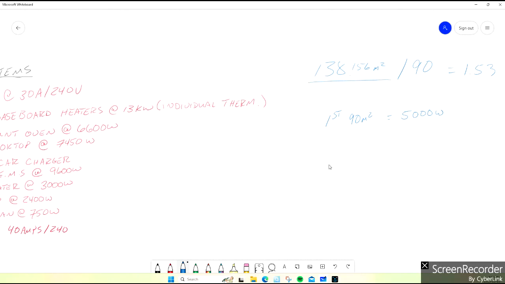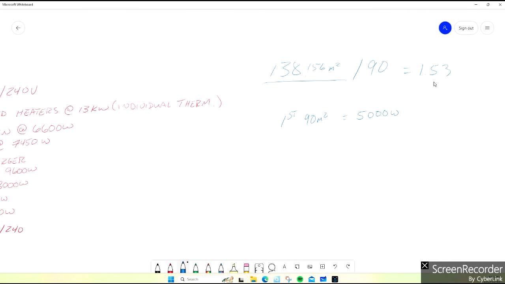The good thing was I noticed that quickly. What I've done is I've taken my 138.156 and divided by 90, because the whole basic load is based on 90 square meter portions. When I do that, I get 1.53.